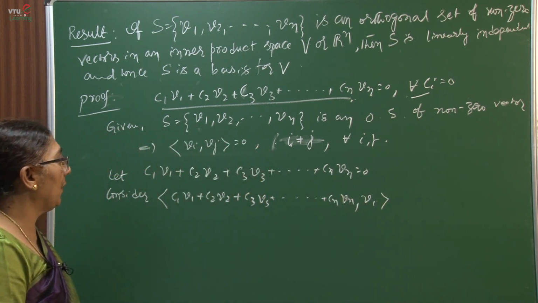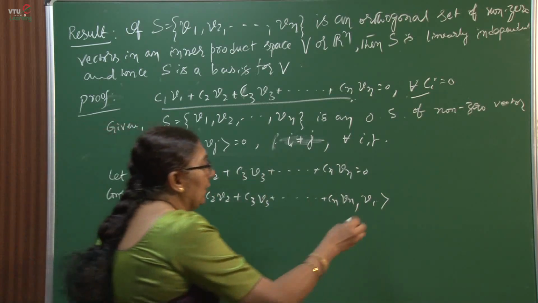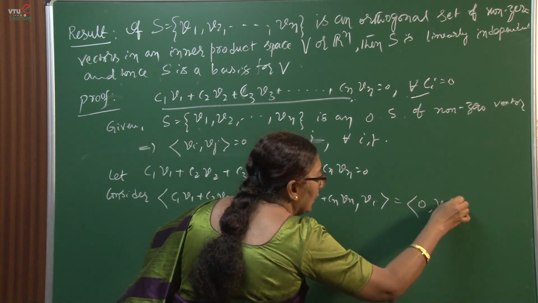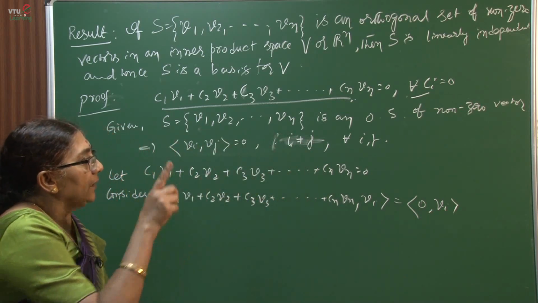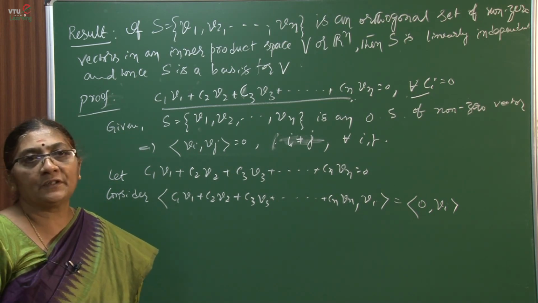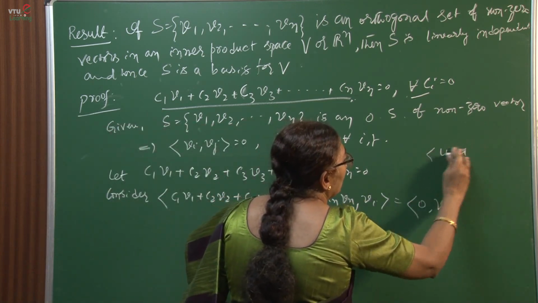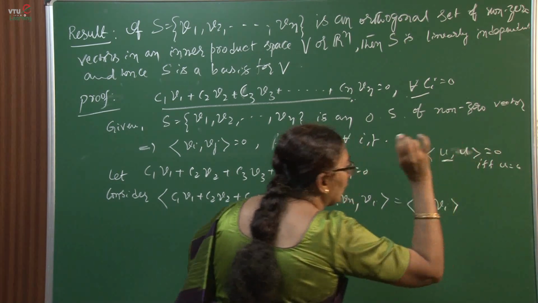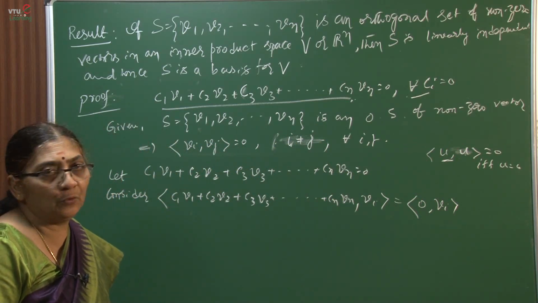I consider the inner product of the sum of these terms comma Vi. But we already chose that the sum of these values is 0, therefore it is the inner product of 0 comma Vi. Given that V is an inner product space, from the fourth property of an inner product space, definiteness, the inner product of u comma u equals 0 if and only if u equals 0.